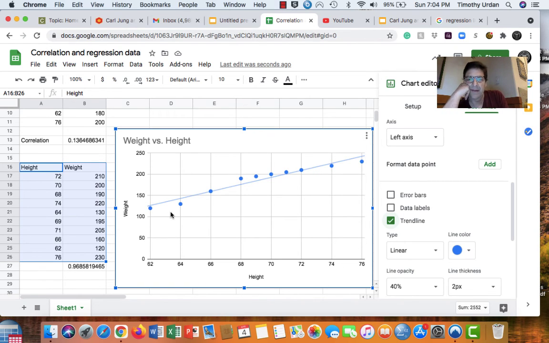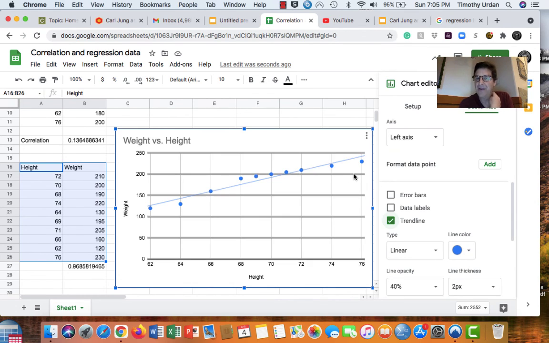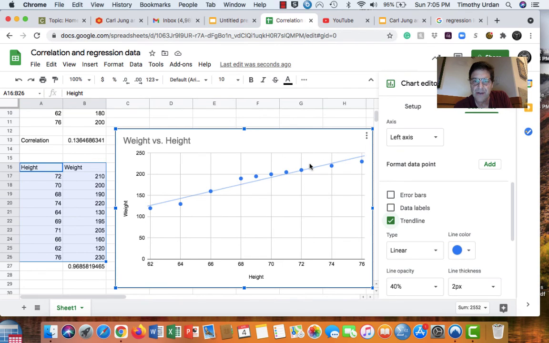And in this data, for every case, the shorter person was associated with a lower weight. See? A little bit taller, a little bit heavier, a little bit taller, a little bit heavier. Each one makes this line just keep increasing. And if you look, all of the dots are right around the regression line.